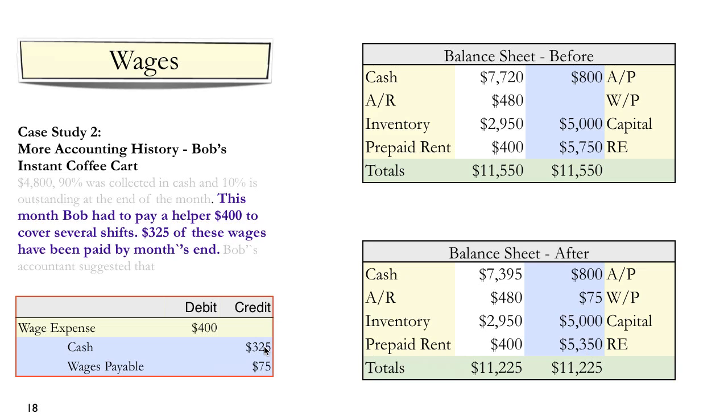Cash reduced by $325, $77.20 down to $73.95, and the establishment of a wage payable, which is a current liability, and we go from 0 to a balance of $75.